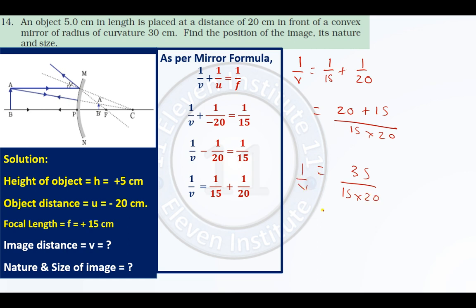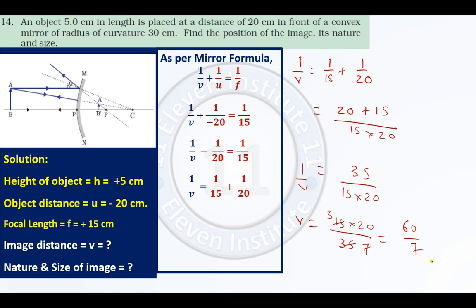This is 1 upon v. Now what is v? Inverse of this, 15 into 20 upon 35. Now 5 7s are, 5 3s are, so 2 3s are 60 upon 7 will be our answer, and we have to find this in decimals further.